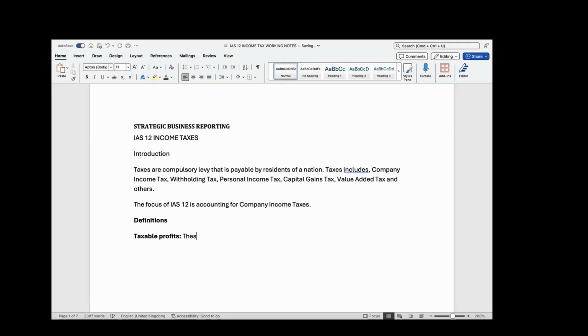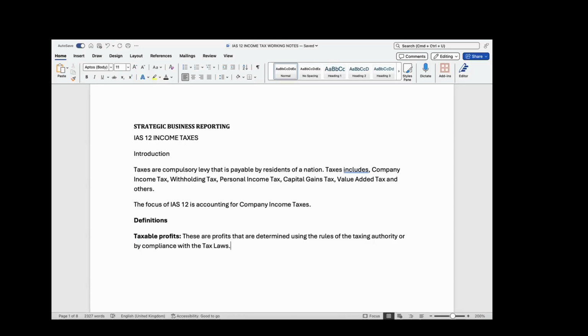Taxable profits are profits that are determined using the rules of the taxing authority or by compliance with the tax laws. So they are calculated by complying with the tax laws in Nigeria, of course.